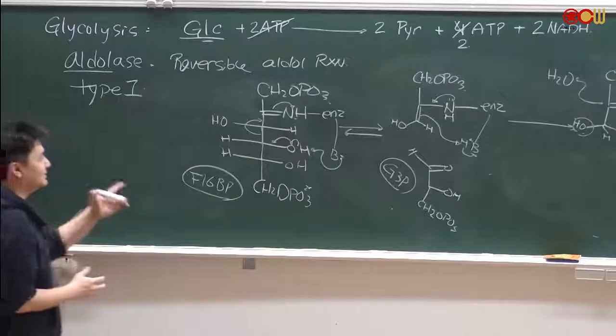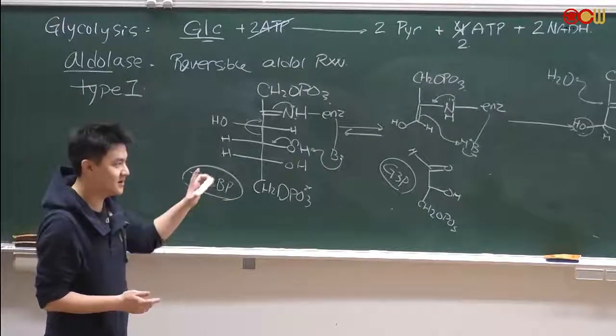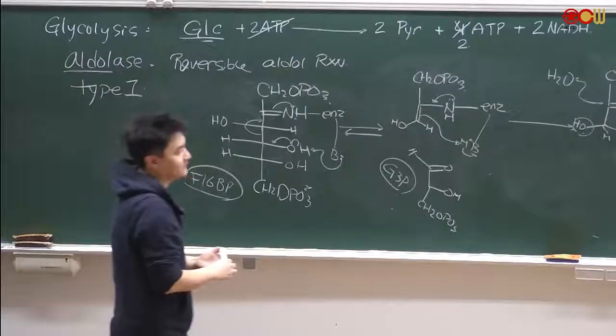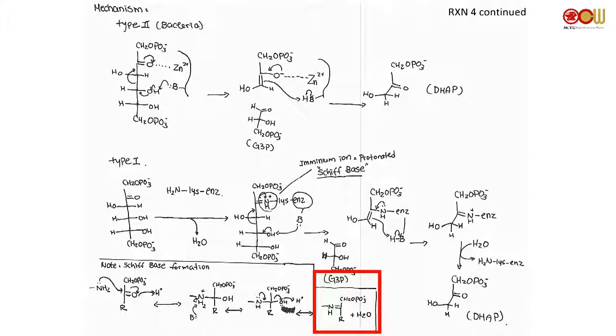I'm not going to redraw the Schiff base formation mechanism. Or what I can do is post this. It's essentially this. This is the Schiff base, and that's the water. What you can do is N double bond C here attacking this carbon, forming an OH2 kind of.